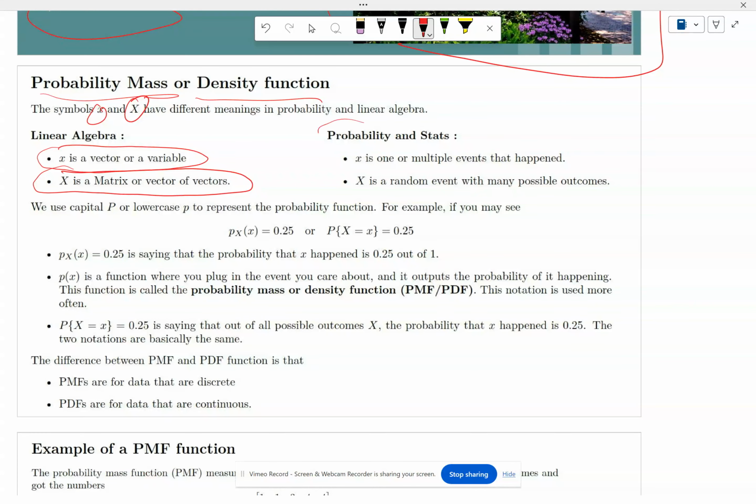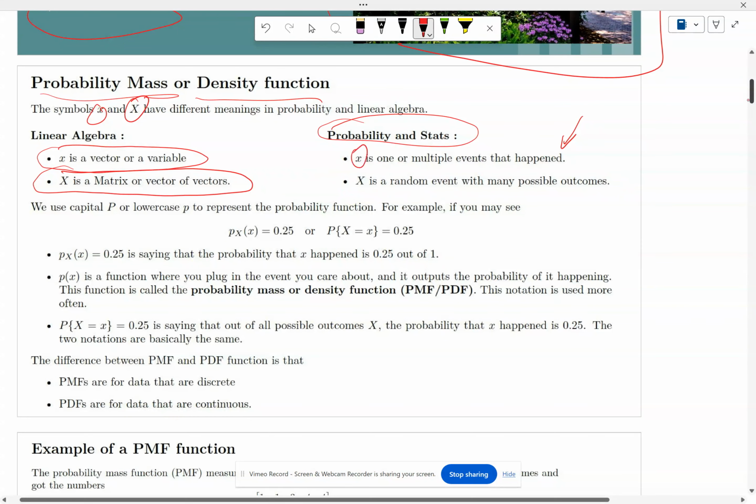Now, in probability, lowercase x is one or multiple events that happened, something that happened, past tense. Capital X is a random event where a lot of things could happen. So, this is something that happened, and this is a set of things that could happen. So this hasn't happened yet.